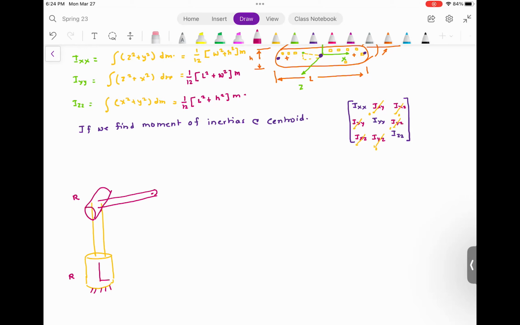So I'm going to first show the frames: O0, X0, Y0, then O1, Y1, X1, and clearly O2, X2, Y2.